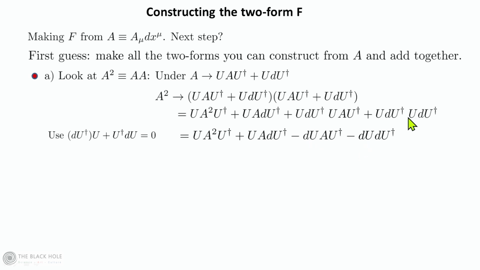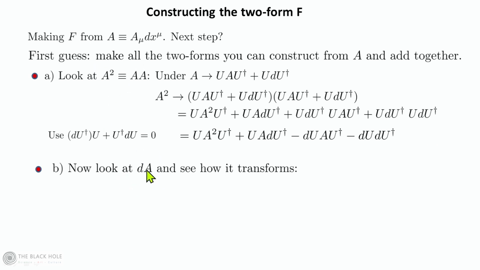And finally over here, I'm going to do exactly the same here. dU dagger U, okay? These two terms. Now, you can see over here that this is equal to minus dU dagger U. And so U dagger U is equal to 1, and so that's equal to that. Okay, now we've dealt with A squared.